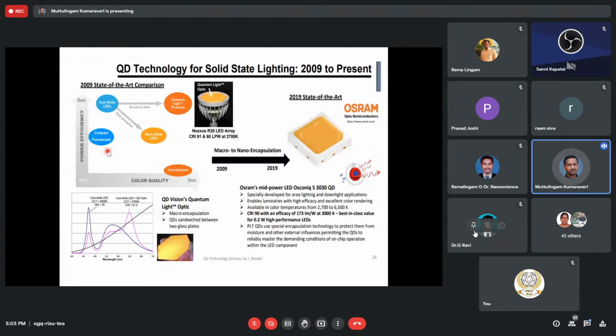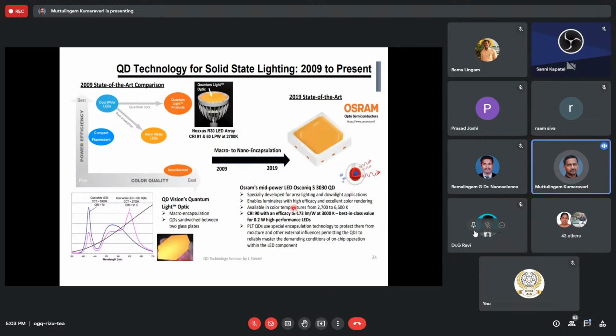There are some other ones. Fluorescent had some power efficiency, but the color quality was not very good. The warm white LEDs, with more red emission, had 50% power efficiency, and the incandescent lamp had the best color quality, but the power efficiency was very low.